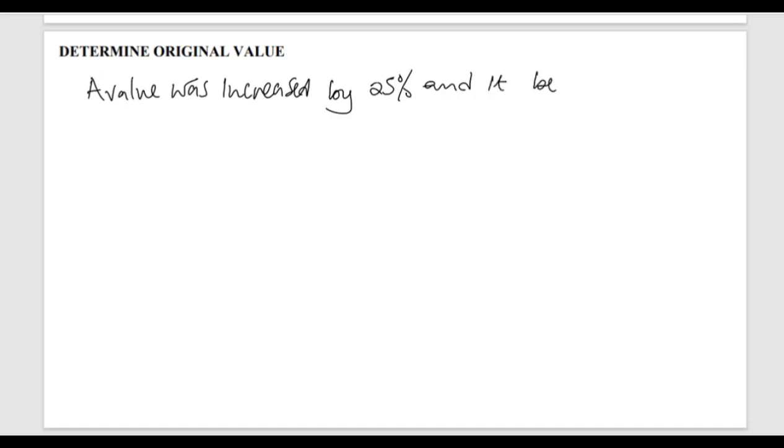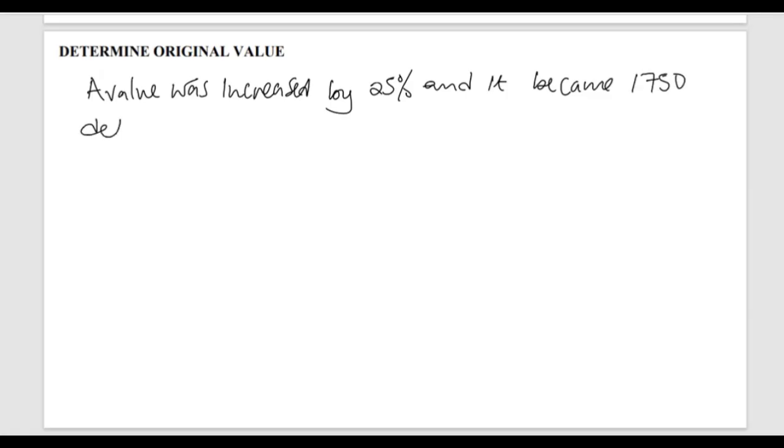They say a value was increased by 25% and it became 1,750.